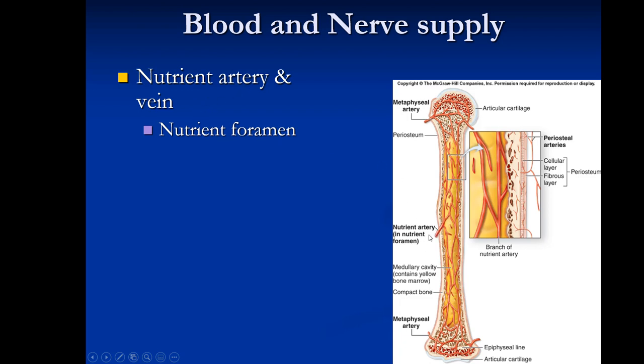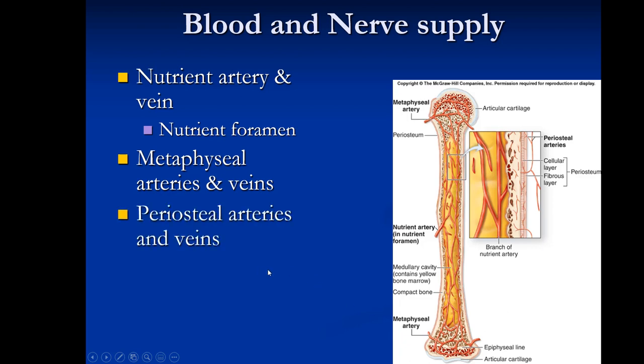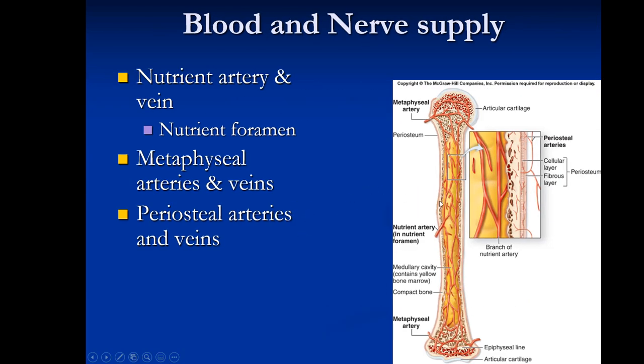Foramen is an opening. You'll see that a lot. We also have metaphyseal arteries and veins. They go in the metaphysis area. And then we also get blood vessels within the periosteum. We call those periosteal arteries and veins. And like I said, it's not really shown here, but we do have lots of nerves innervating bone tissue. That's why if you injure a bone, it hurts so much.